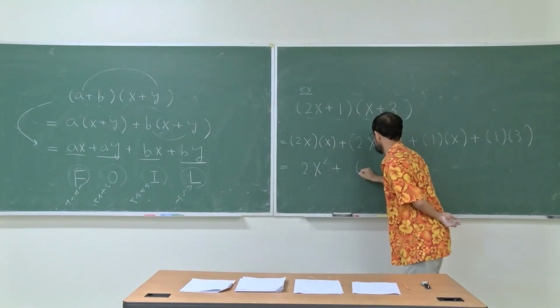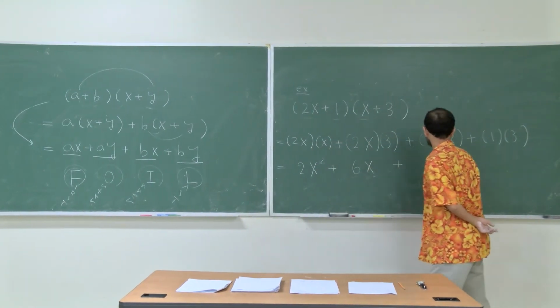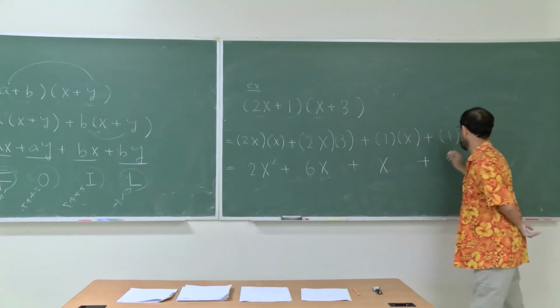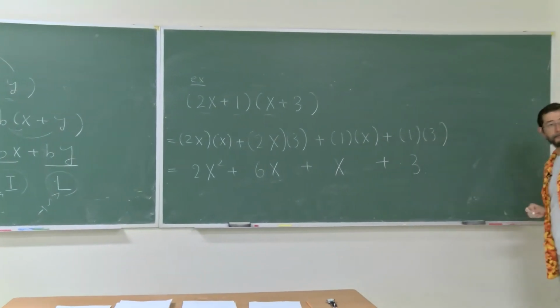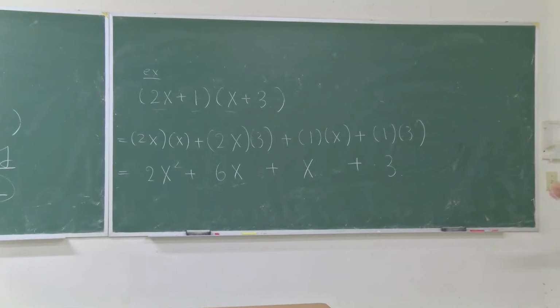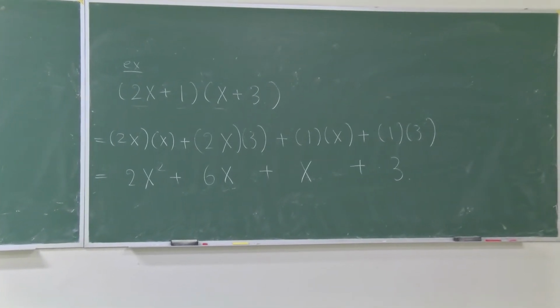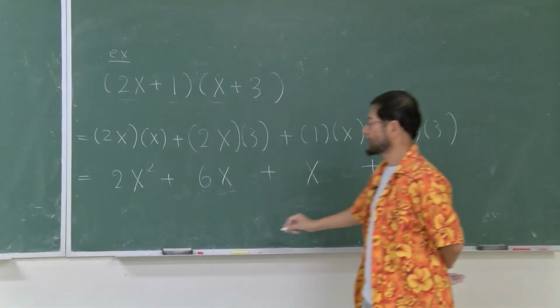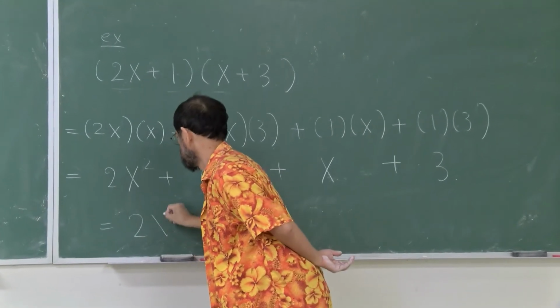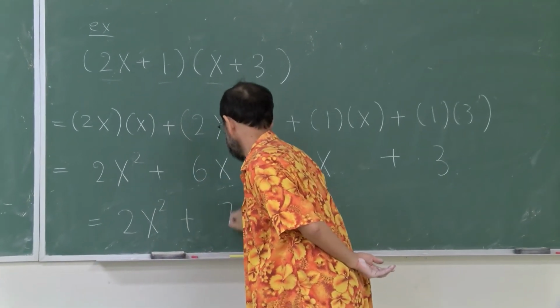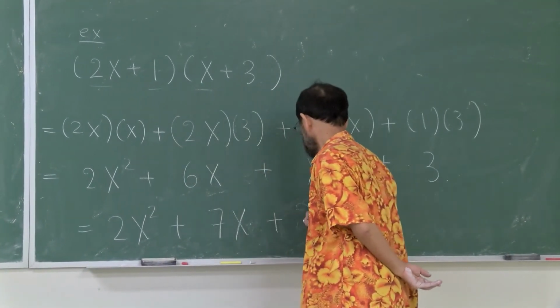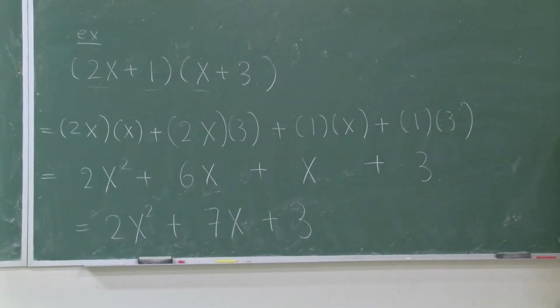Then this is 6x. Then 1x is just x. And then 3. And if you look at the two middle terms, you can combine these like terms, then you get 2x squared plus 7x plus 3, and that's the final answer.